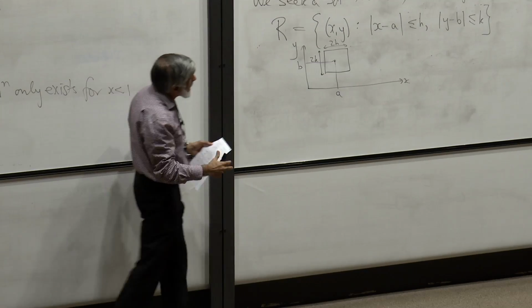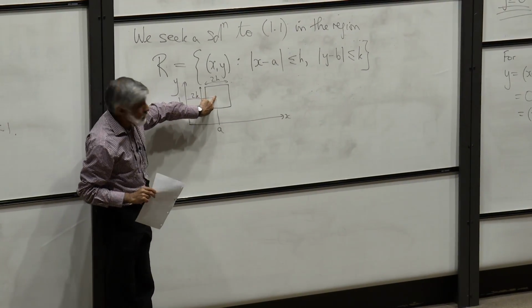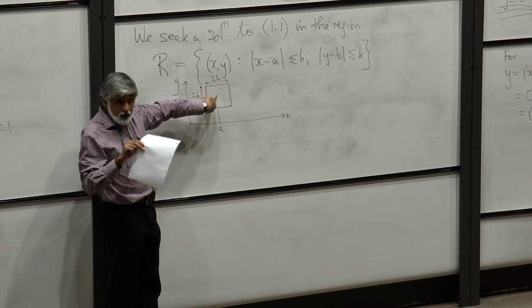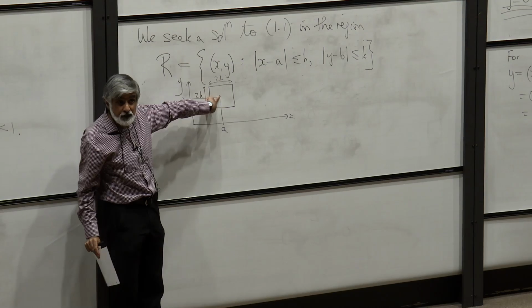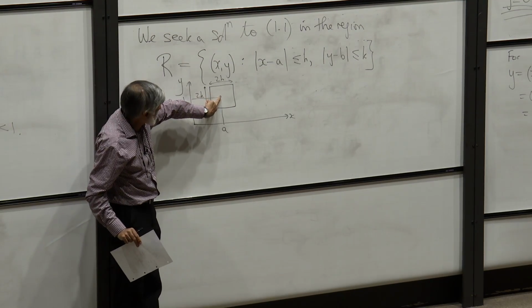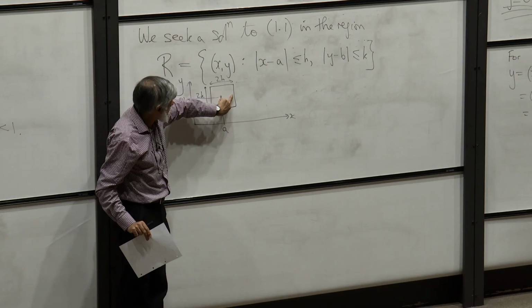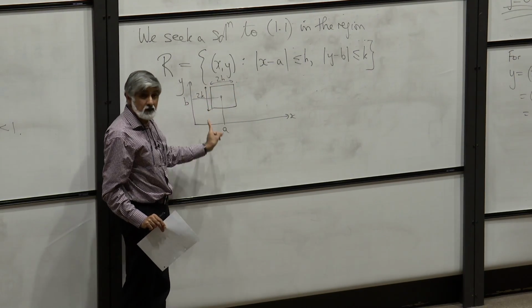So the sort of thing we're saying is, if we know the solution at this point here, and then dy by dx equals f of something, so we know the derivative, can we find a solution for these values of x? And it lies in this region.